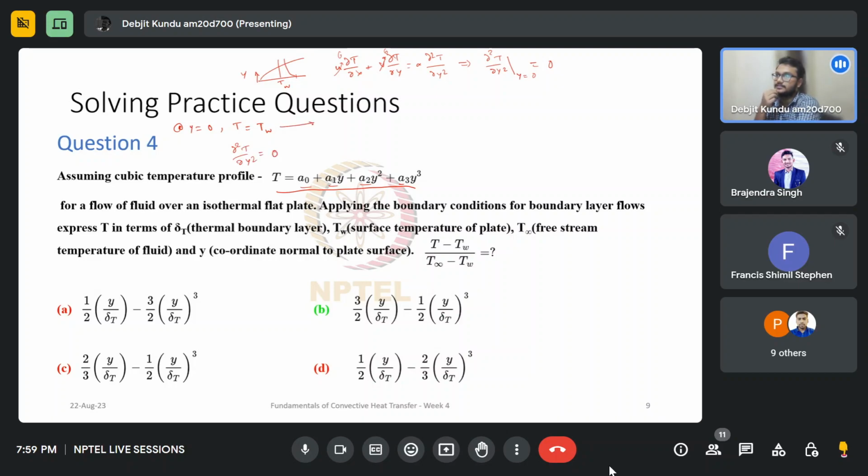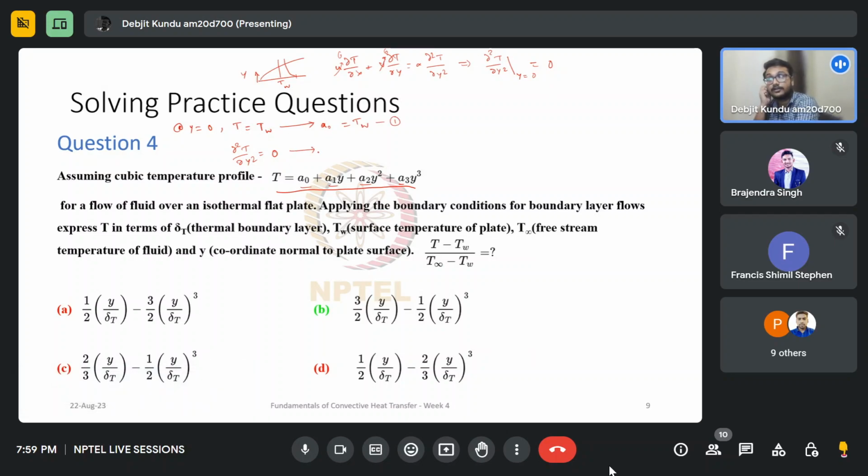So now using this, I'll plug in. If I put y equal to 0, then it's only a0. So a0 is equal to TW. This I am getting from the first boundary condition.